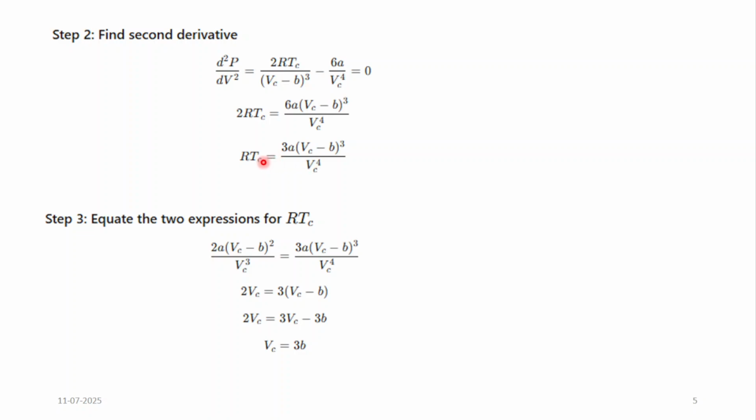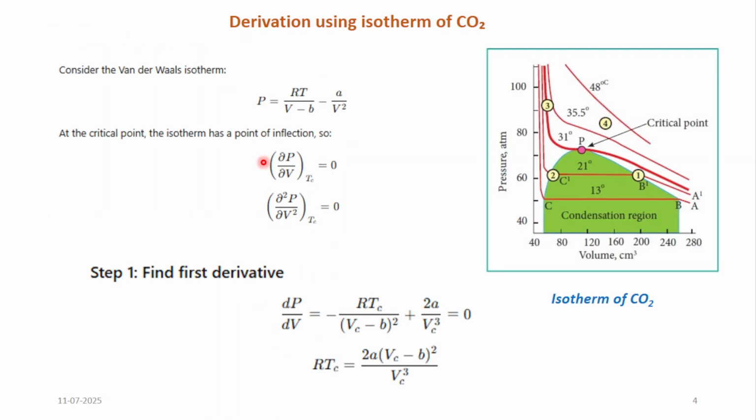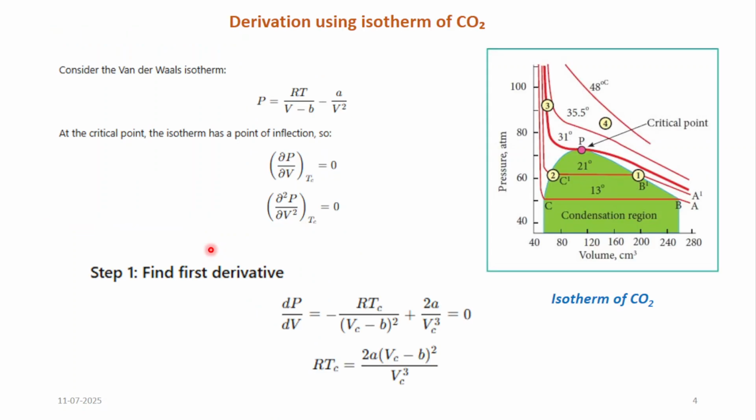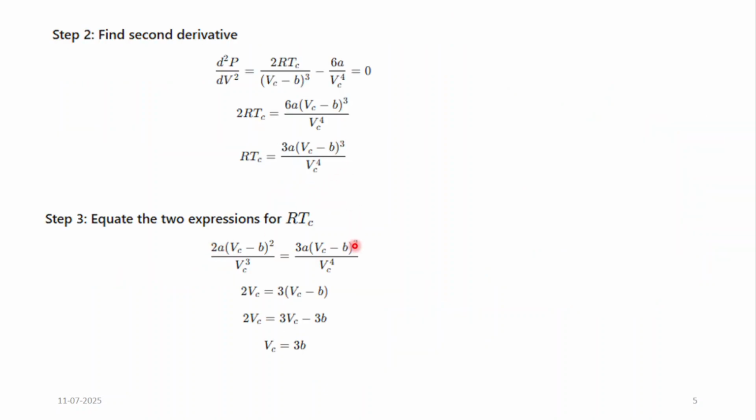Now this is also RTc. So equate these two from the first and second derivative. So this one, 2a(Vc − b)²/Vc³, is equal to this. Now from this you can cancel some terms.